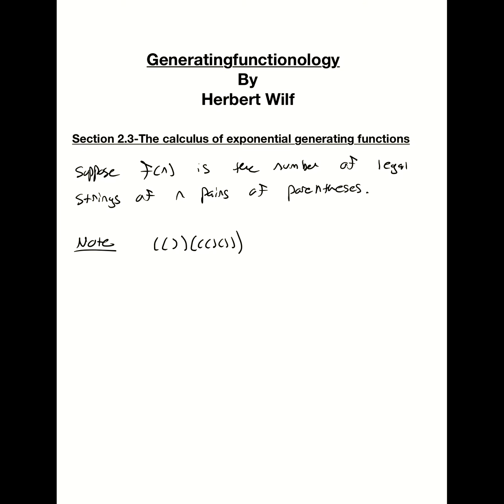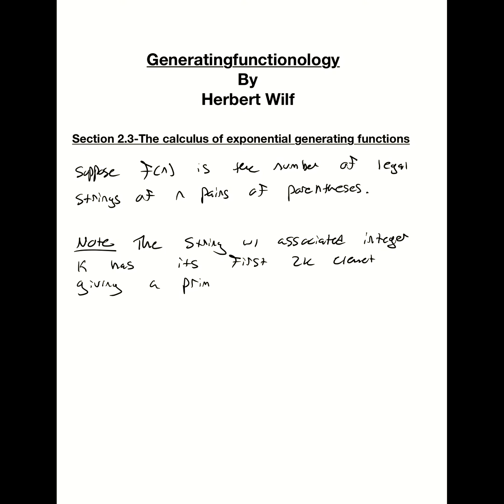I'm going to erase this now, and we can say that the string with associated integer k has its first 2k elements giving a primitive string, and the last, well, let's see how many elements would be left, the last 2n minus 2k elements can be anything.